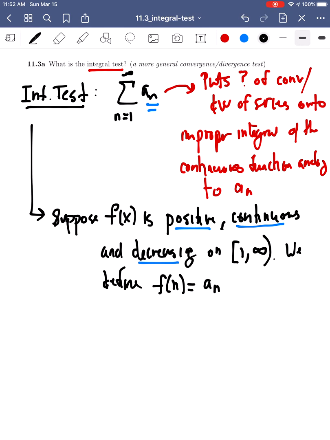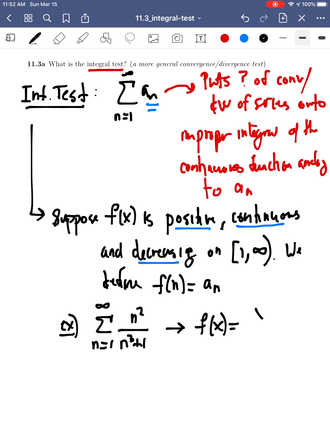In other words, for example, if we have a series n equals 1 to infinity of, say, n squared over n cubed plus 1, our function f of x will just be that same function, except with all the n's replaced by x's. So hopefully it doesn't look too scary when we talk about this continuous function analog to our series function.